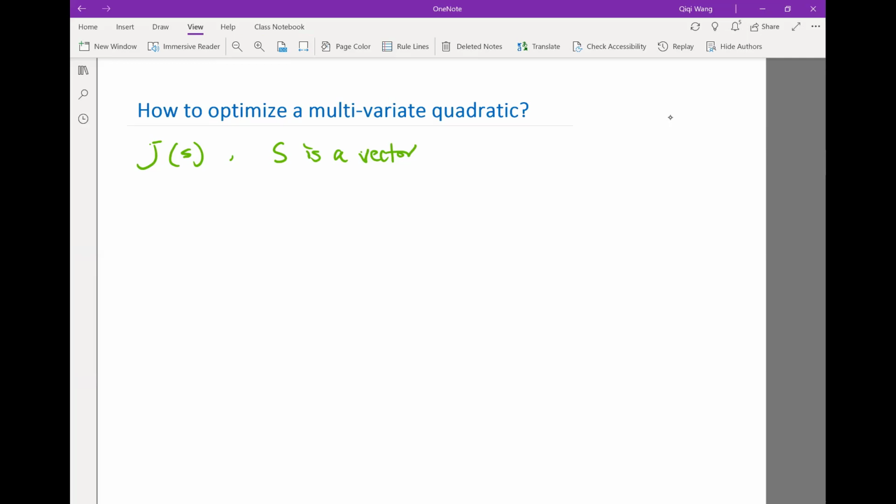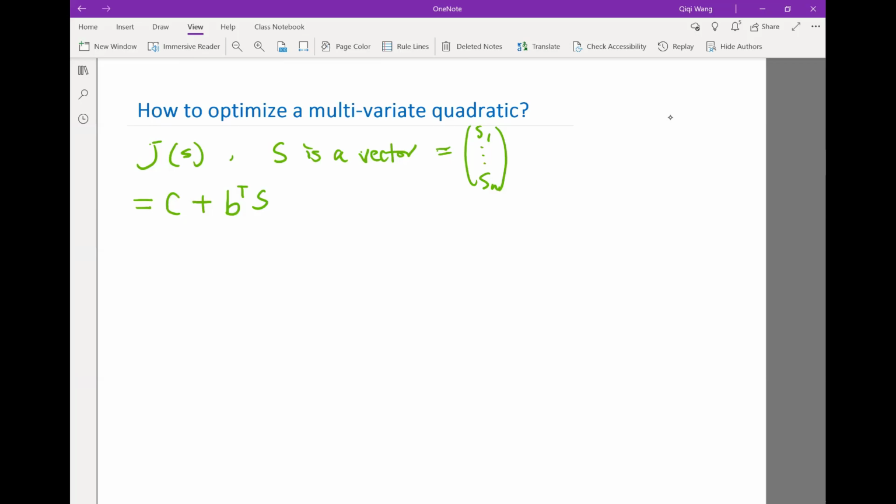In order to express it, we usually write it as still a constant term, just like our univariate case, still a linear term, but in this case, the linear term is written as b transpose times s. So s is a vector. If I write it as s1 to sn, then this b is a correspondingly long vector containing the linear coefficients on every single one of these design variables.